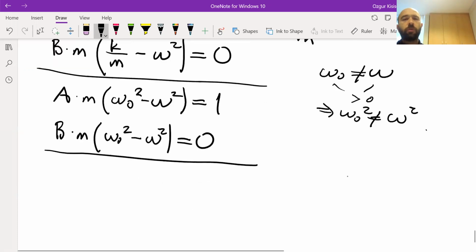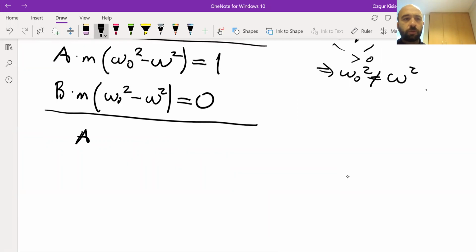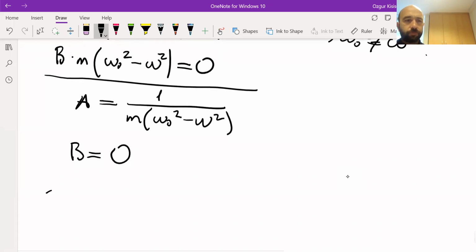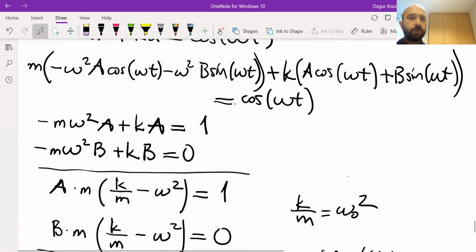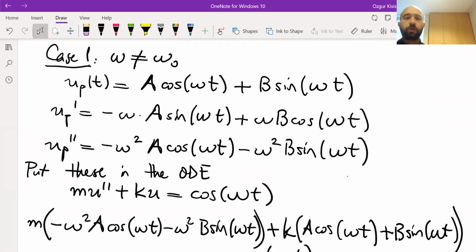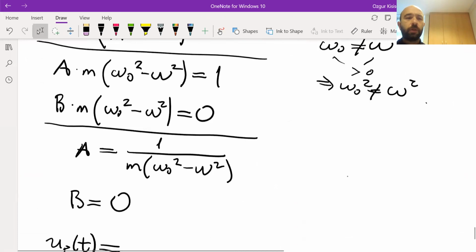Okay, so then this gives us a equals 1 over m times (omega 0 squared minus omega squared), and b equals 0. Okay, so I guess we got u_p now. We scroll up, a was the coefficient of cosine omega t, and b was the coefficient of sine omega t.